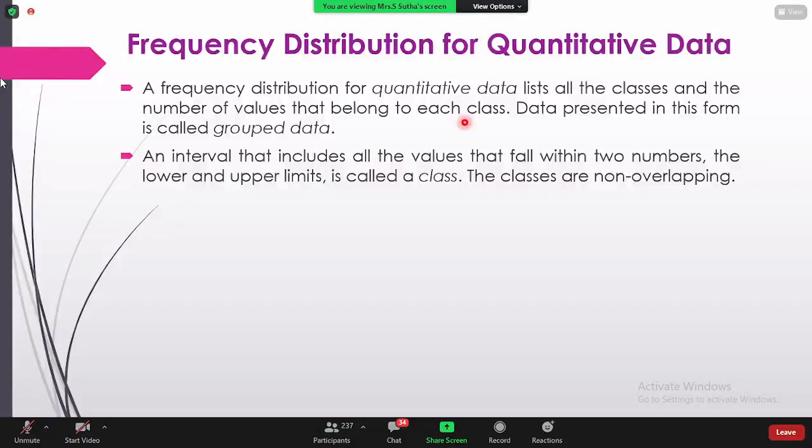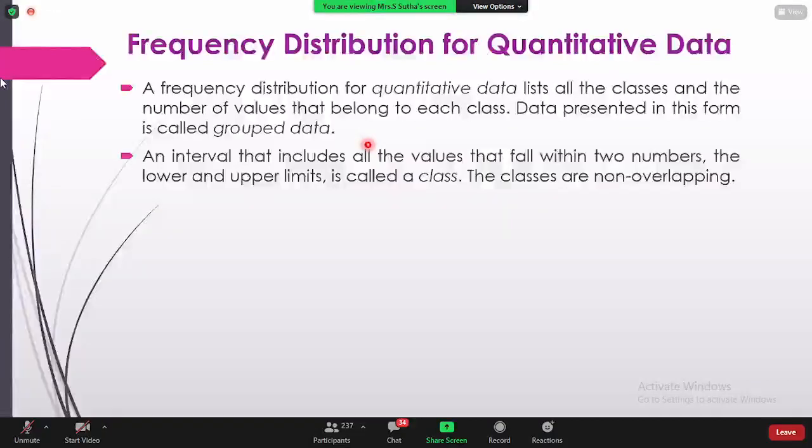Data presented in this form is called grouped data. For numerical data, we can form two types of frequency distributions: the ungrouped frequency distribution and the grouped frequency distribution. If we give the classes in interval form, that is a grouped frequency distribution.